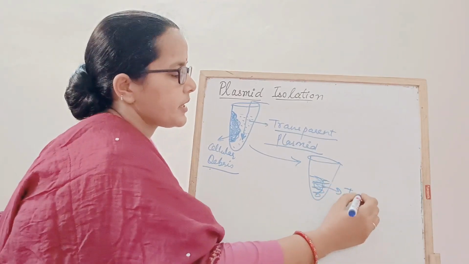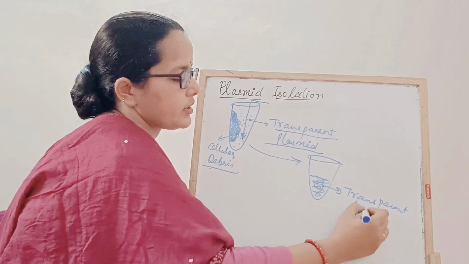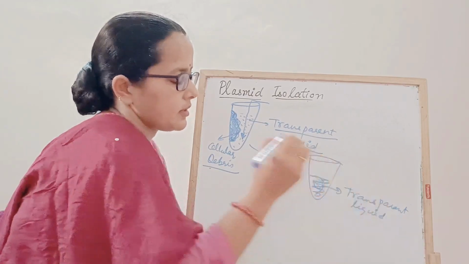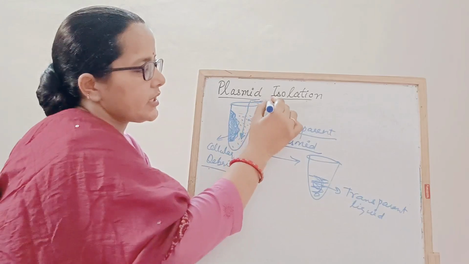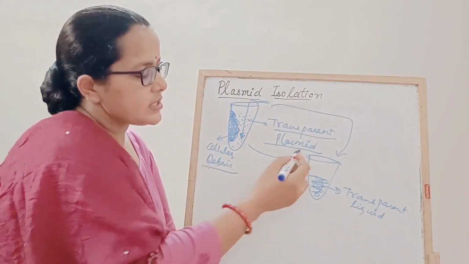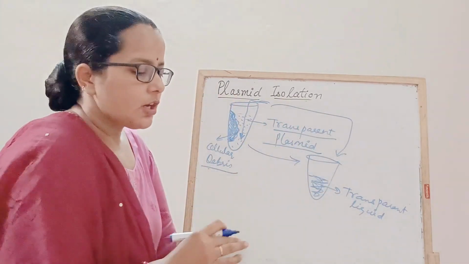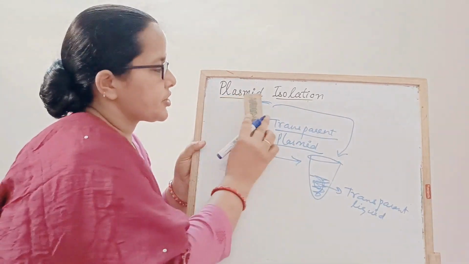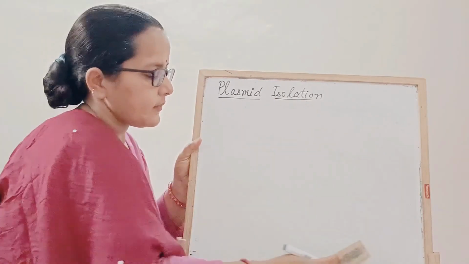Now once you have transferred the transparent liquid to a fresh MCT, you have to do precipitation because you have to remove your protein part.